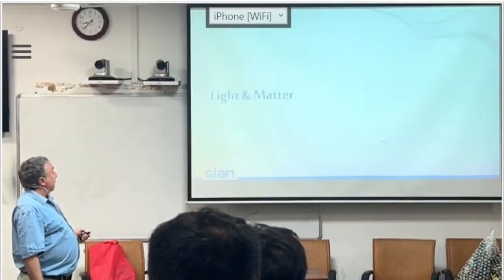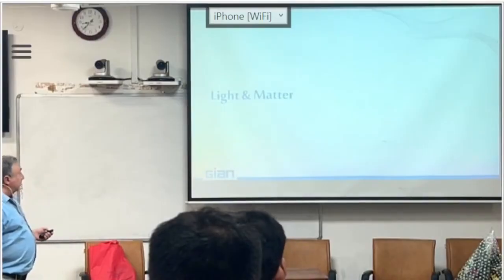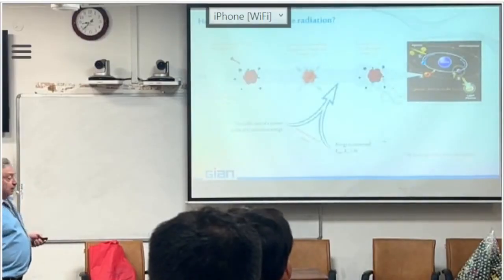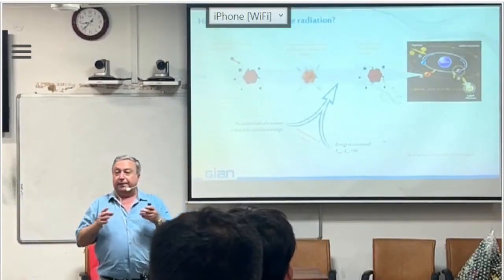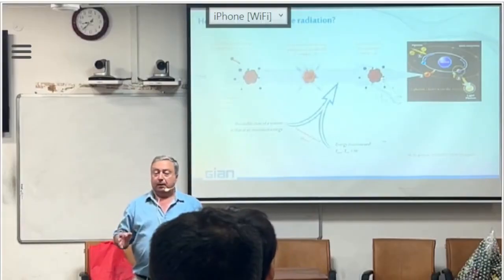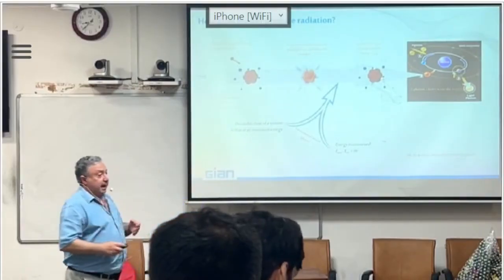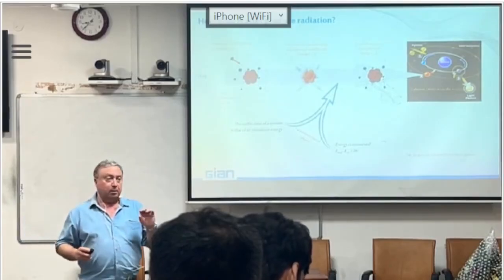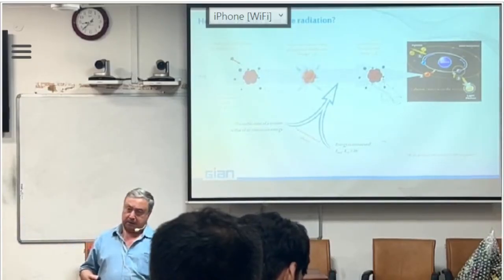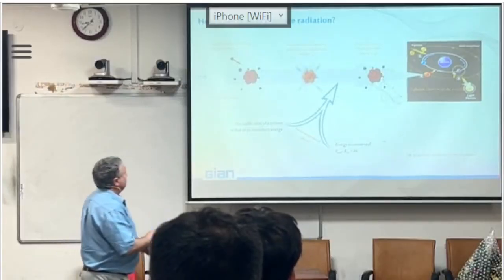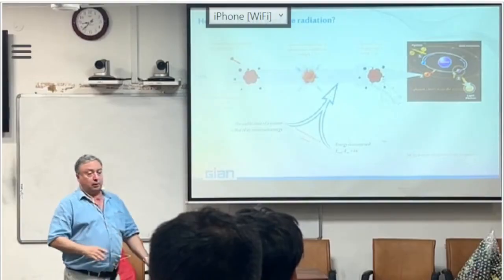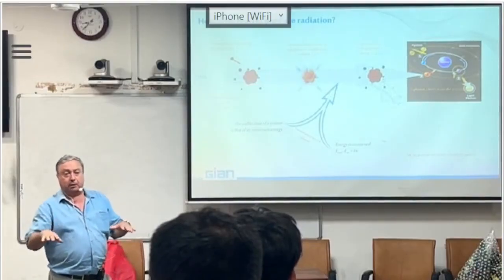Okay, a few words about the interaction of light and matter. How does matter produce light? This is a universal principle. Very simply, light is produced by atoms or molecules. But take the simple case, which is atoms. You have an atom, which is normally in steady state conditions.